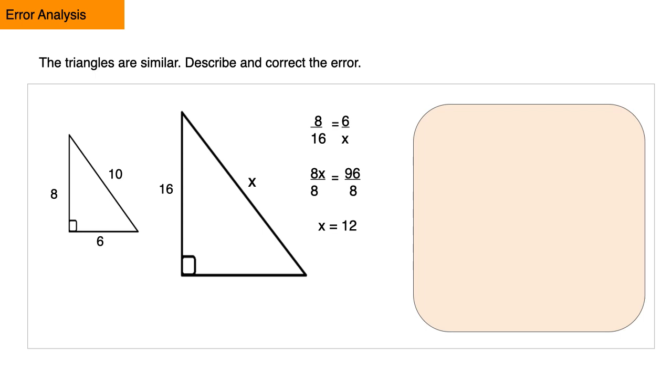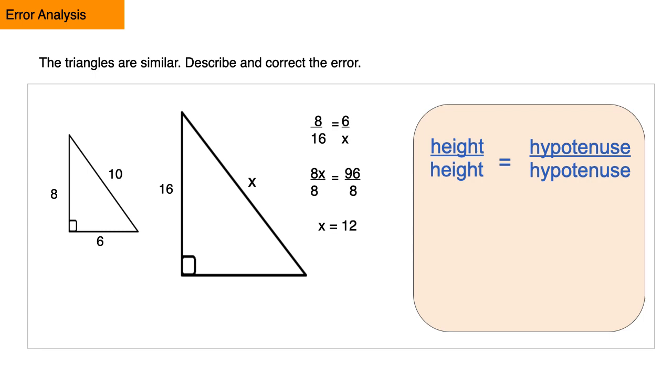So we are asked to describe and correct the error. So let's take a look at the first statement. 8 over 16 is equal to 6 over x. Well, I think that's the first problem. 8 over 16 is going to be height over height, but 6 over x is not base over base.